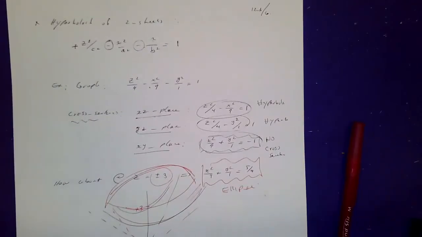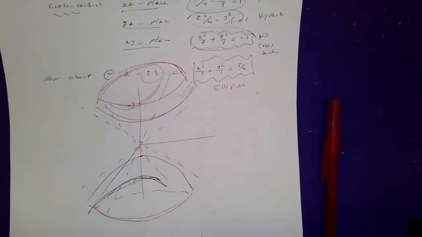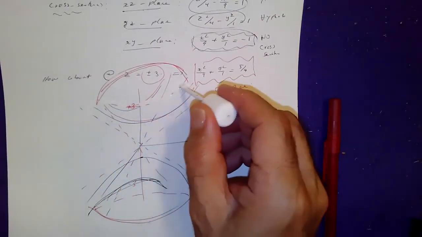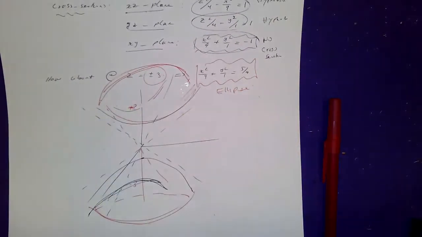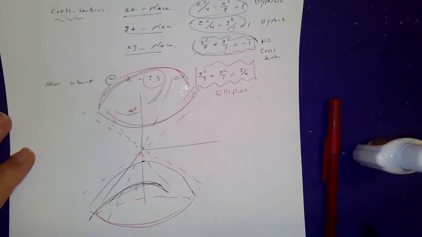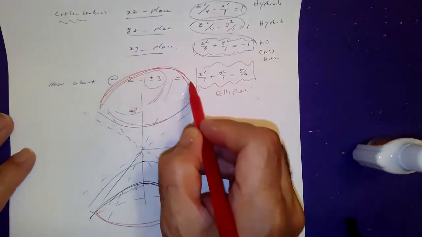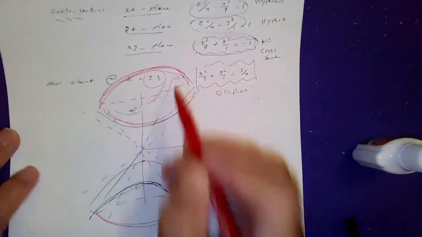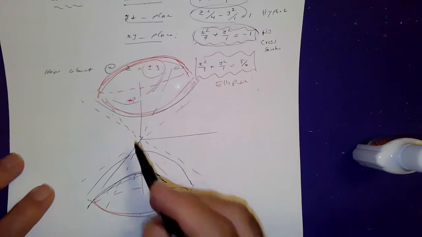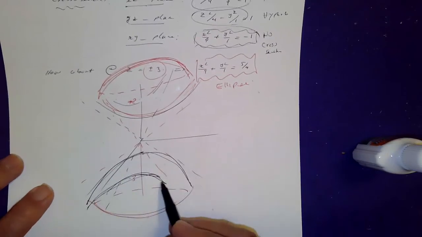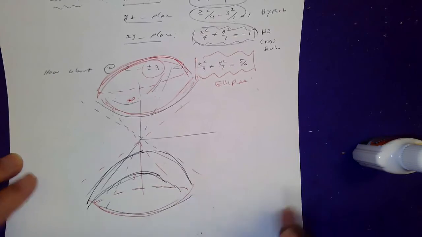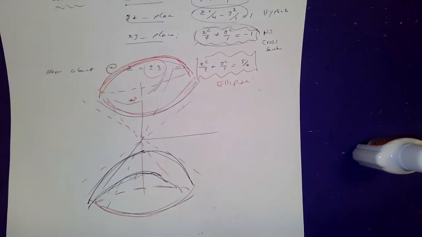Pardon my graph, guys. Here we go, this is an ellipse. And lo and behold, we have the hyperboloid of two sheets. Do you see it? This is one sheet, and this is the other sheet. So that's called the hyperboloid of two sheets.